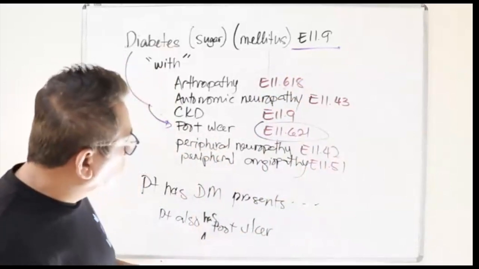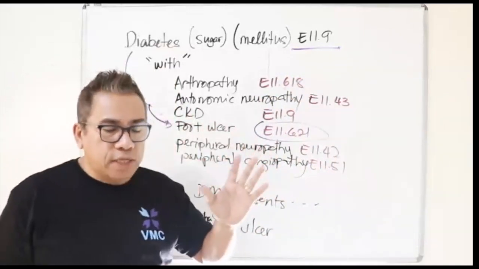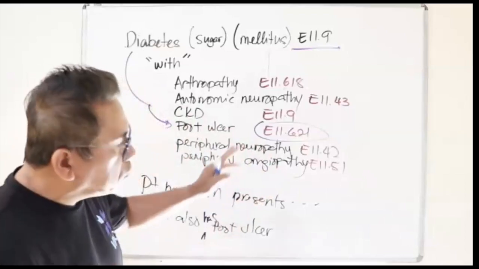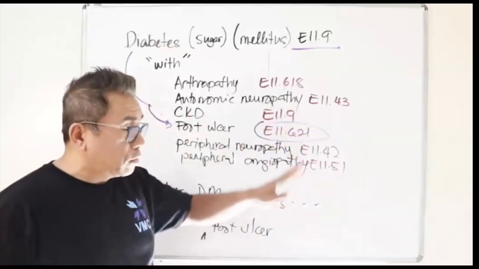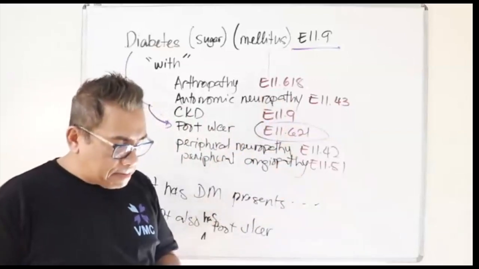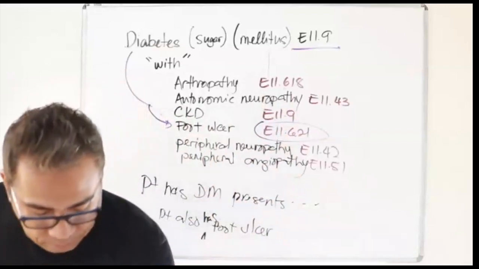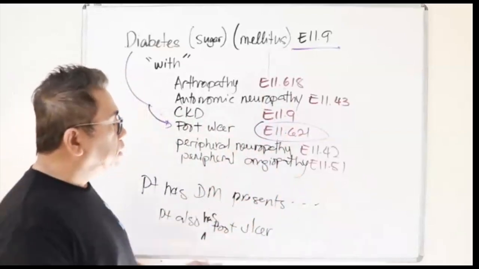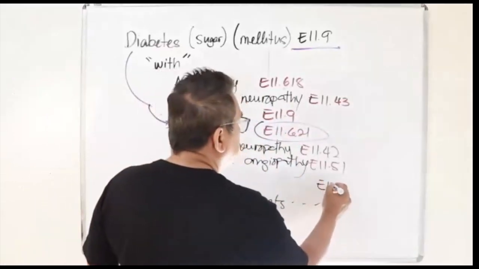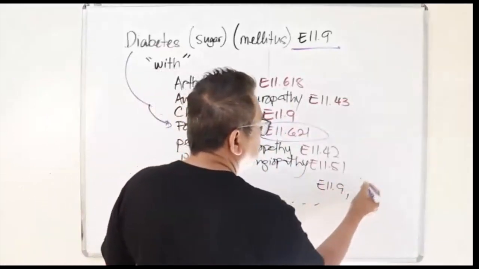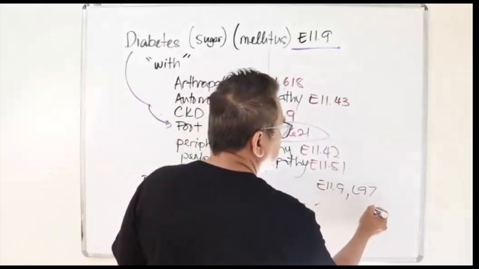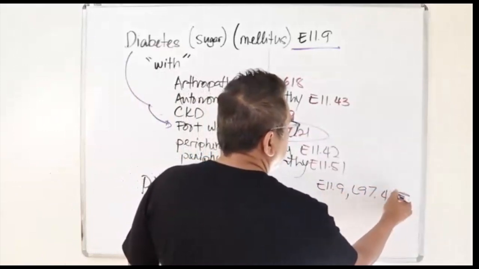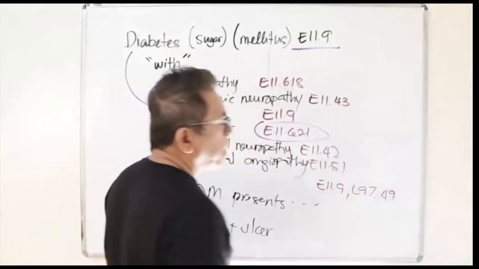Now, let me explain to you guys. Coders who do not know this rule or this whole guideline, when they assign codes for scenarios like this, would go E11.9 and then assign whatever the foot ulcer code is. I think it's L97 something.